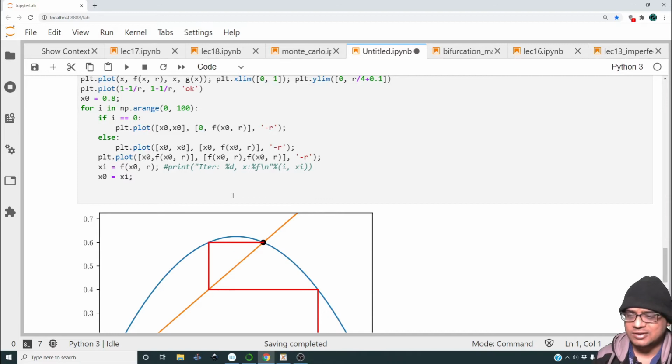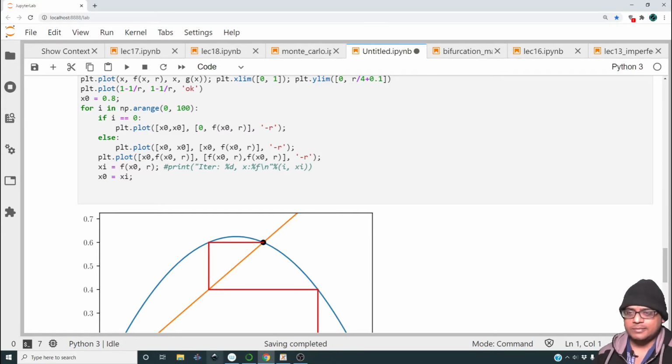Once that is clear, we can then move on to the bifurcation diagram, where ultimately we will see how that period doubling that we have seen in the case of the van der Pol oscillator also occurs in such kinds of iterated maps.